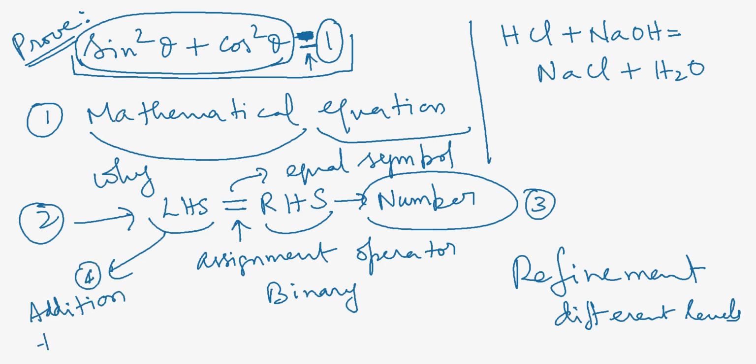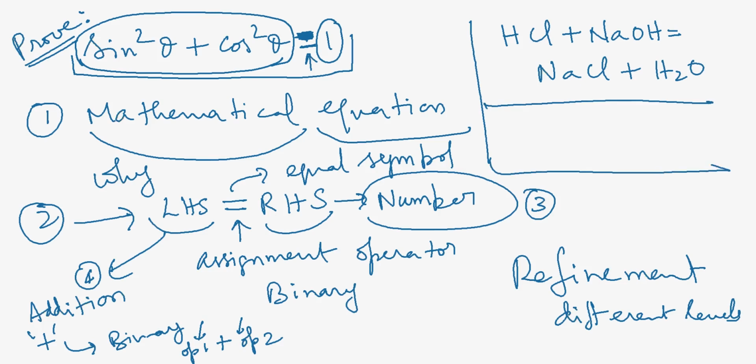Why addition? Because the plus symbol is appearing, and that is more than enough to explain the left hand side completely, because addition is again a binary operator, and the plus symbol itself needs operands, operand 1 and operand 2, right? We have two words here.